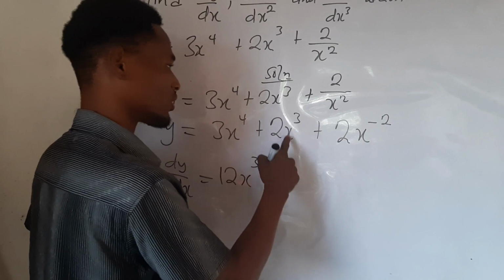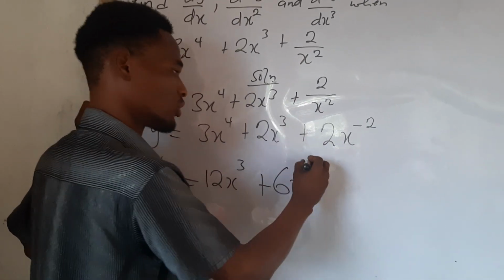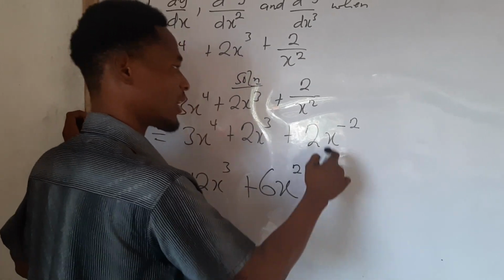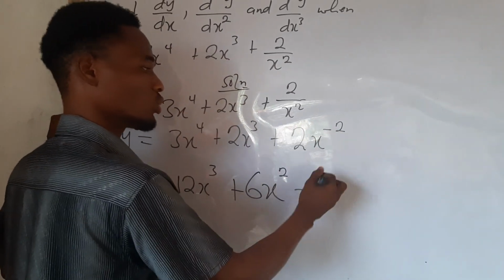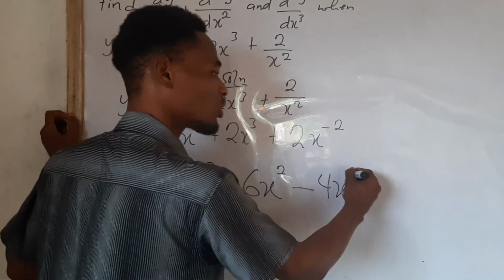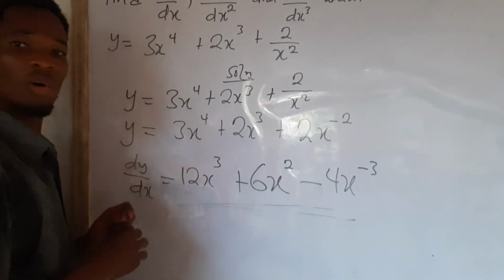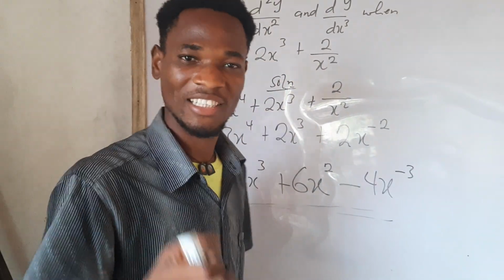Then plus 3 times 2 is 6, and subtracting 1 from the exponent gives 2. Then minus 2 times 2 gives 4x, and subtracting 1 from negative 2, you get negative 3. So this one is your dy dx.